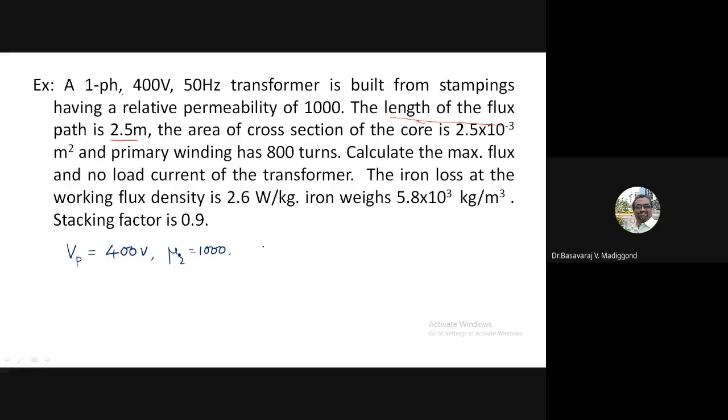Then the length of the flux path LG is given 2.5 meter. Then what else he has given? AGI, gross core area, 2.5 into 10 raised to minus 3 meter square. Then TP, number of turns on the primary, 800.